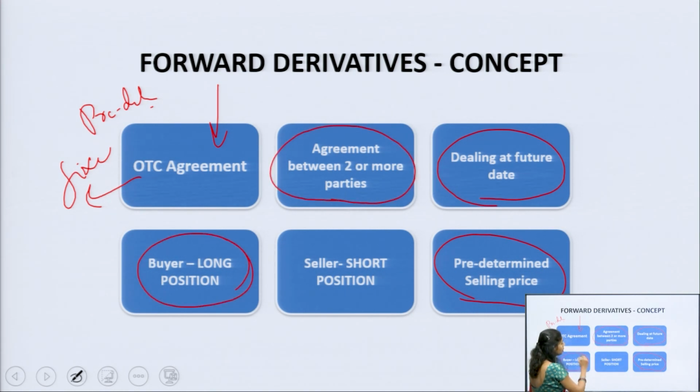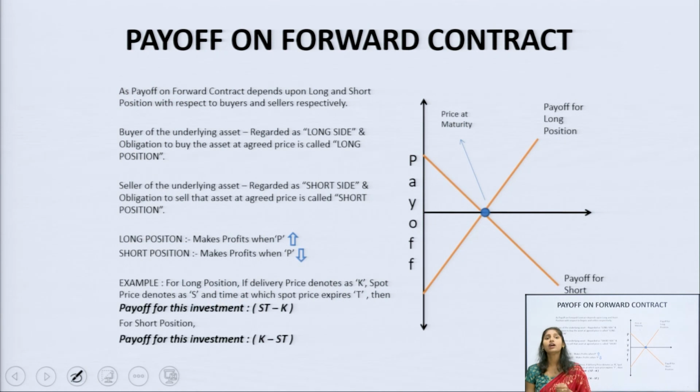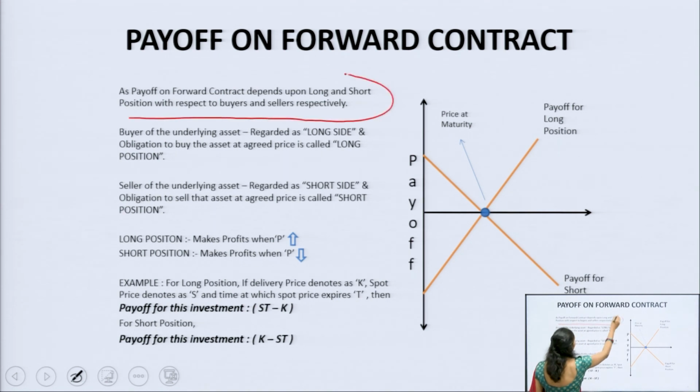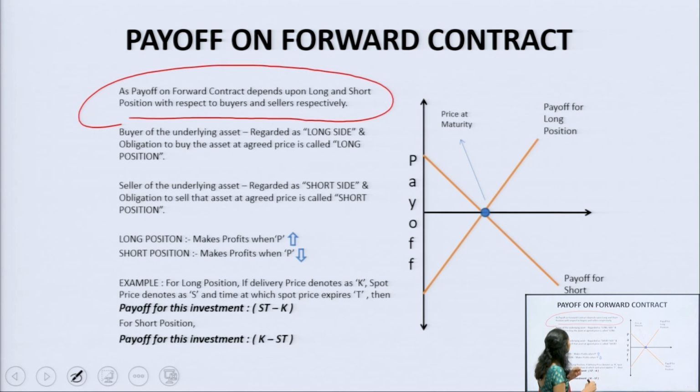Buyer has the long position and seller has the short position. What's this? We will discuss this in the next slide. This is connected to payoff on forward contract, as the payoff on a forward contract depends upon long and short position with respect to buyer and seller respectively.